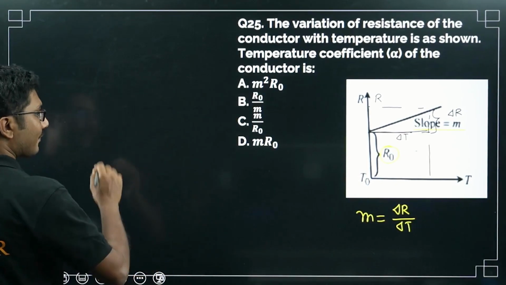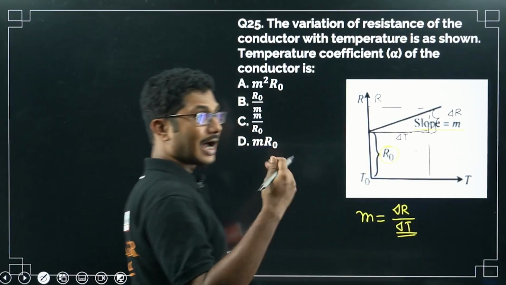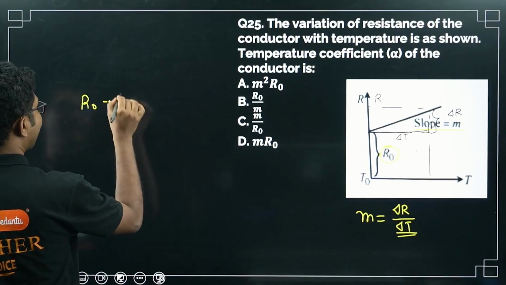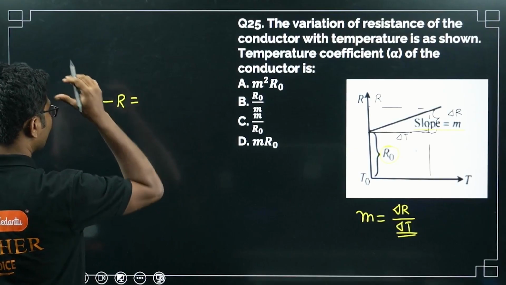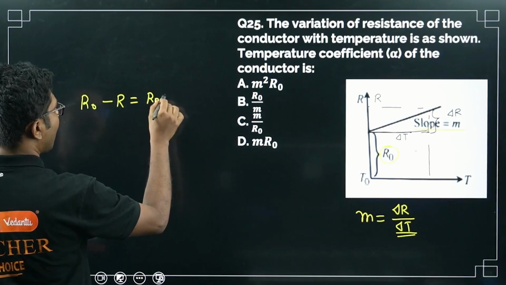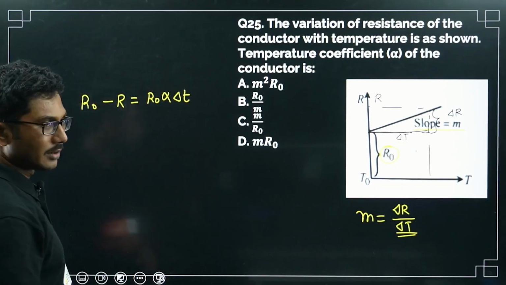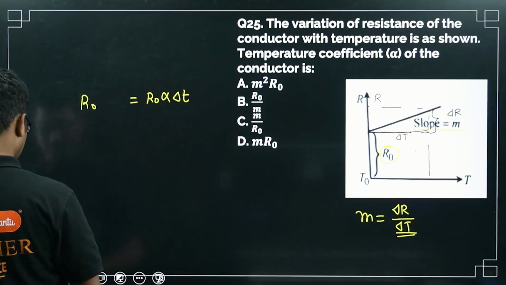Suppose after a temperature change delta T, the new resistance is R. Then R minus R0 equals R0 alpha delta T. This is the basic formula. Sorry, I made a mistake here, it is R minus R0.